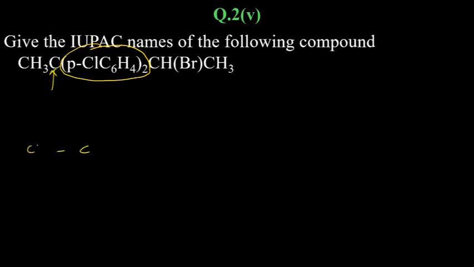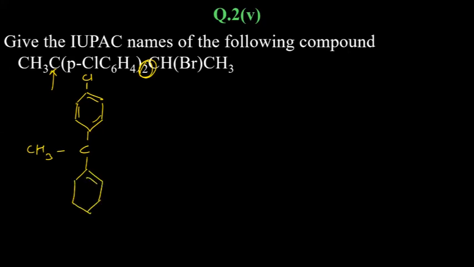This carbon has a CH3 group, and then it has two such para-chloro groups attached. After that, it has CH. This CH has bromine and CH3.